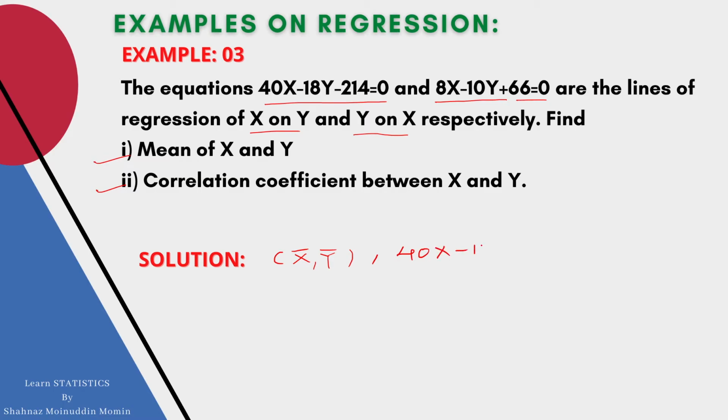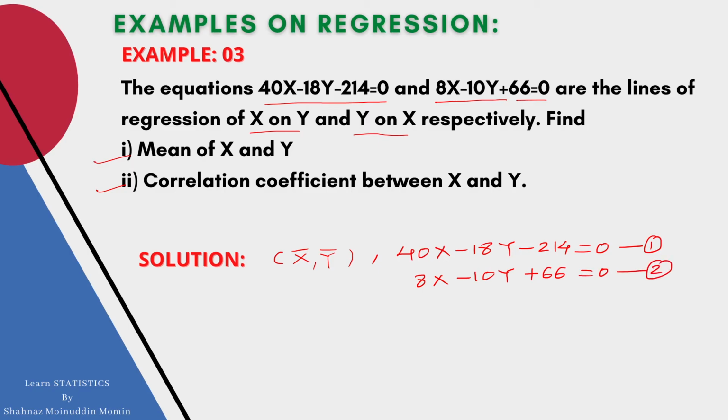40x minus 18y minus 214 equal to 0. Call it equation 1, and the second is 8x minus 10y plus 66 is equal to 0, equation 2.